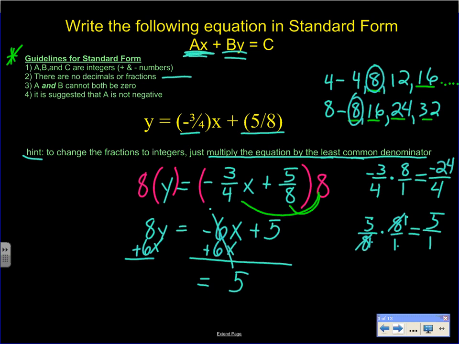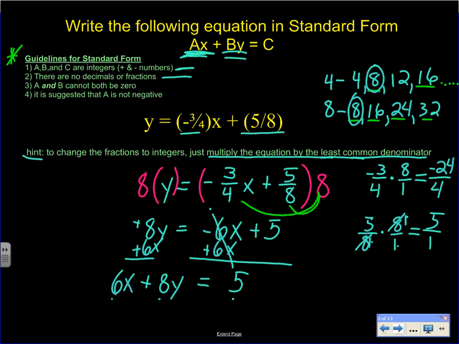And if you look at the very top, it's Ax first. So we're going to put the positive 6x first. And this 8y right here was a positive 8y, so we're going to make it a plus 8y. So we have 6x plus 8y is equal to 5. Now let's look at our guidelines. Guideline number 1 says A, B, and C are integers, positive and negative numbers, and 0.